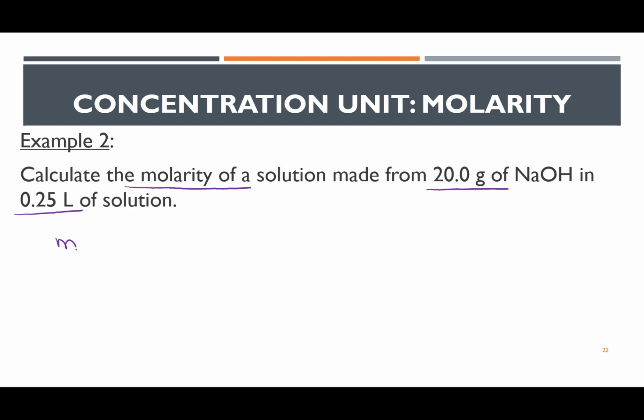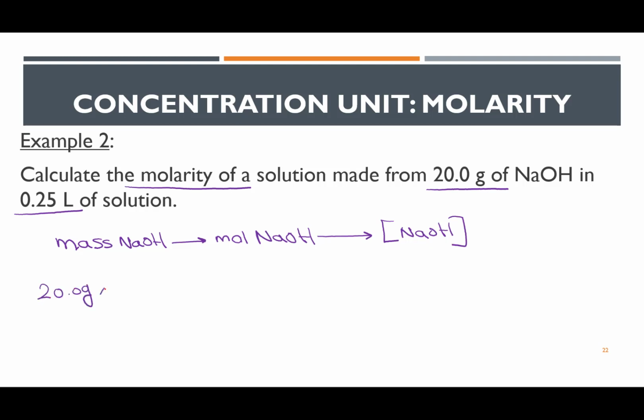Okay, mass of sodium hydroxide to the moles of sodium hydroxide, and then to molarity or concentration of sodium hydroxide. If you put sodium hydroxide in a bracket like this, that means we are talking about the concentration of sodium hydroxide. Okay, then here is 20 grams.